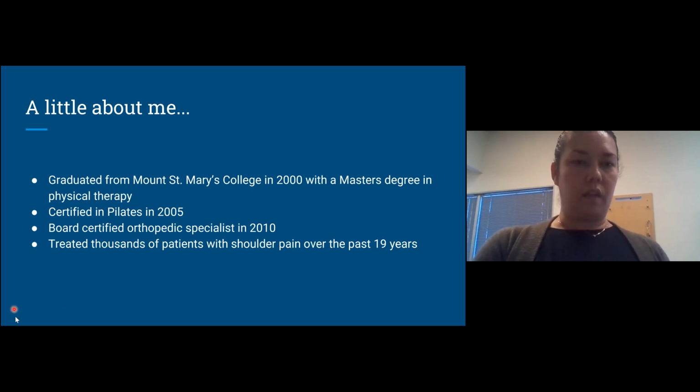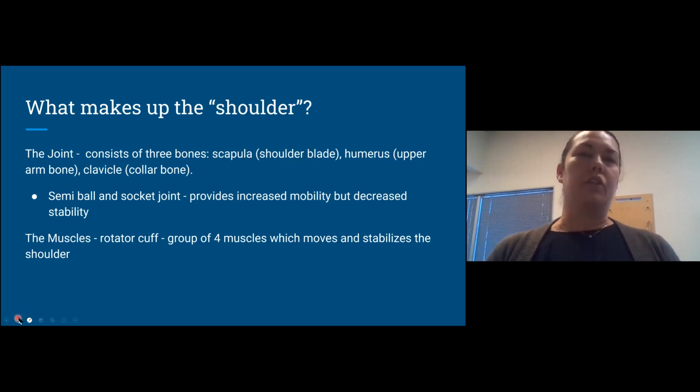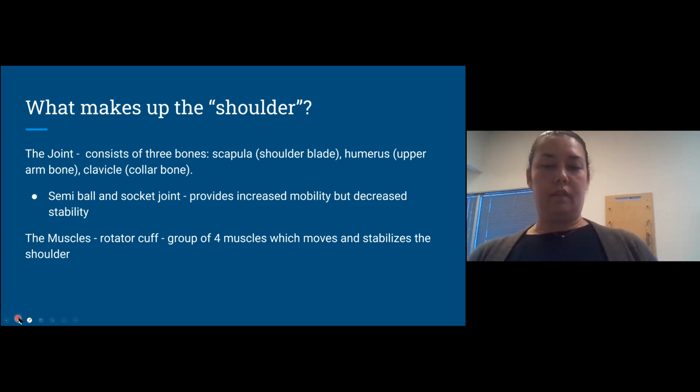So tonight we're talking about the shoulder. What exactly, structure-wise, are we talking about? What structures make up the shoulder? Well, there's the joint itself and the muscles and tissues which attach to the bones. The joint is made up of 3 bones: the scapula or shoulder blade, the clavicle or collarbone, and the humerus, which is the long uppermost bone in your arm.